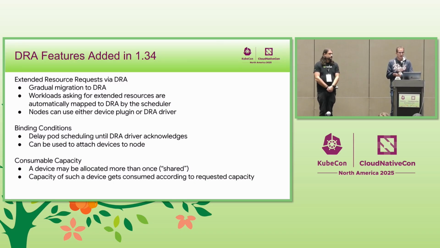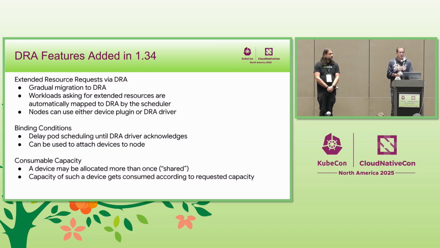The first one is something that eases the graduation or migration of a cluster, an entire cluster, from traditional device plugins, extended resources, to DRA. So it's a quality of life thing to some extent, but it also simplifies the request mechanism. What it does is that the traditional extended resource requests in a container get mapped to a DRA device class, perhaps by matching the name or by a field in a DRA device class.